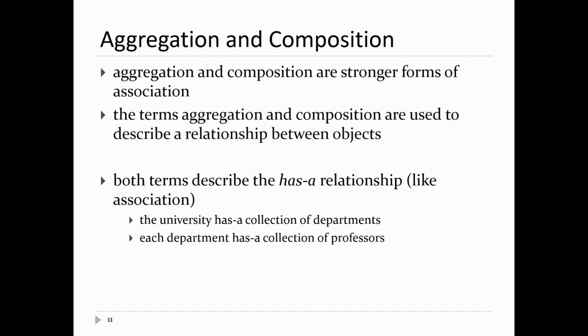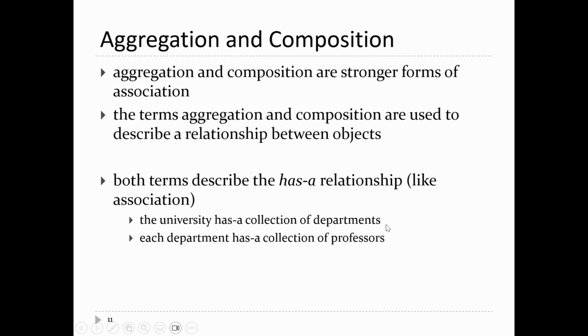If you consider a department, I think every department has a collection of more than one professor at Queen's. I don't know if there's a department made up of only one professor. Anyway, you can think of a department as having a collection of professors. These are both has-a relationships.